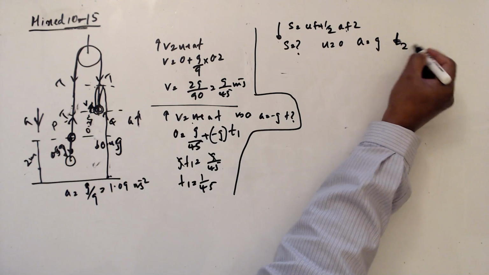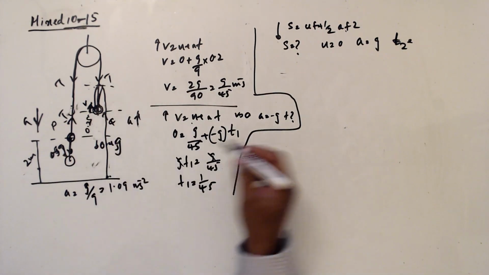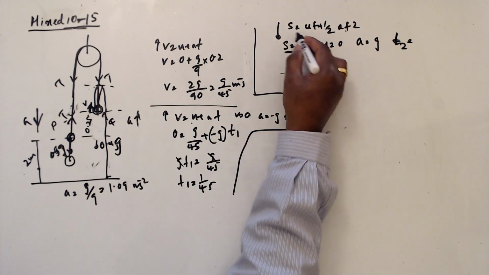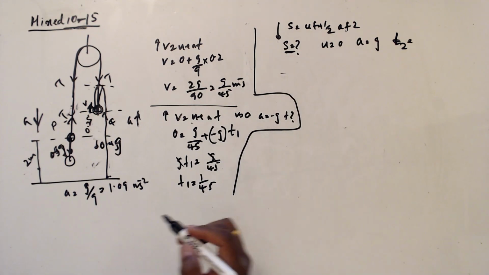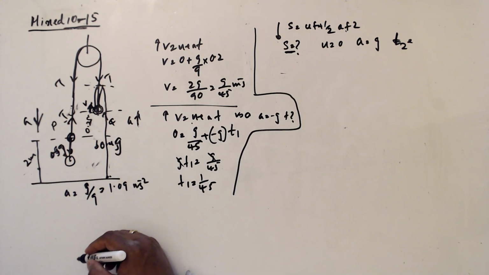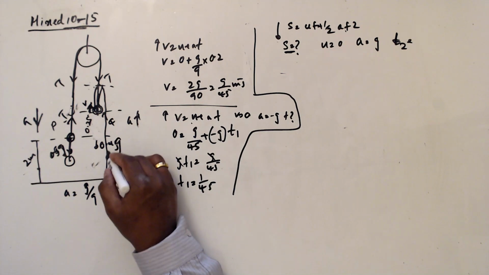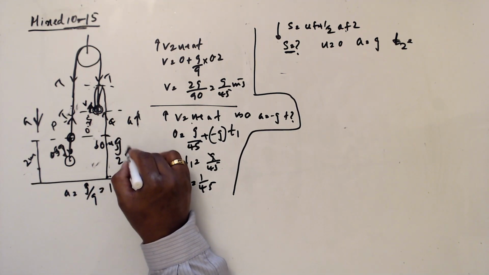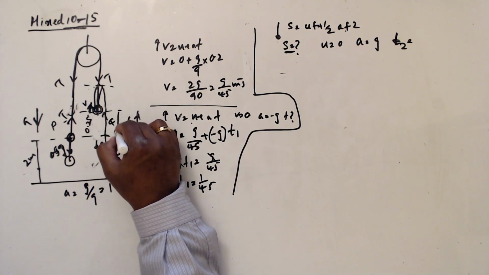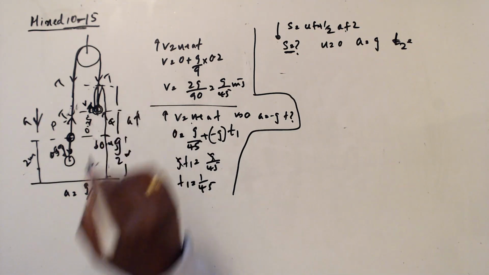We'll consider t2 the total journey. But now we need to know s, the total height from here to here. So this distance is 2 meters, and now we want to find this distance and this distance.